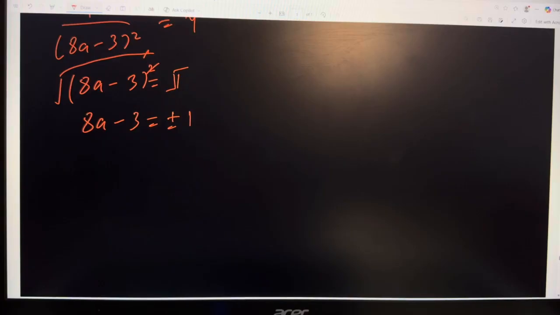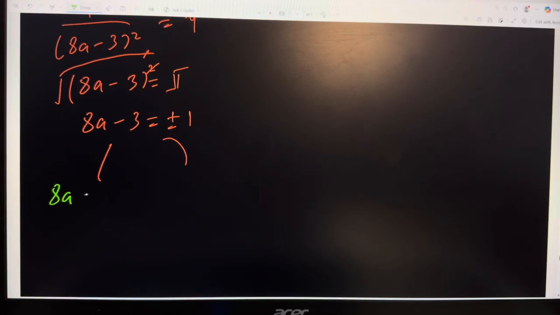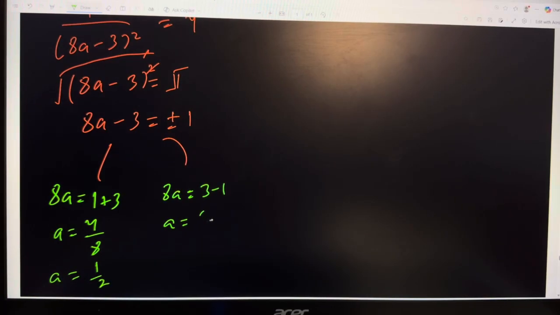Now we can just change them both. 8a is equal to plus 3, this goes this side and becomes plus 3, 1 plus 3, so a is equal to 4 upon 8, a is equal to 1 upon 2. Now 8a is equal to plus 3 again, but minus 1, plus 3 minus 1, a is equal to 2 upon 8, which is equal to 1 upon 4.